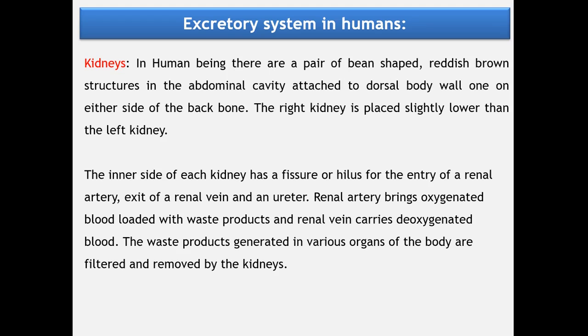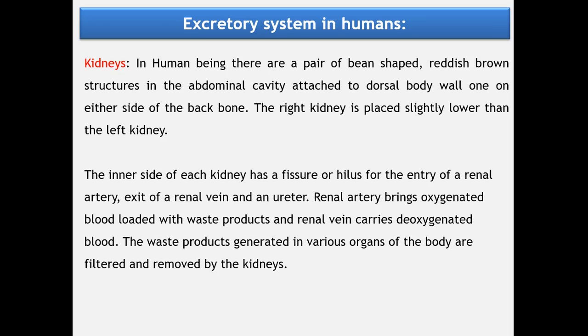The inner side of each kidney has a hilus, or an opening, and this opening is meant for the entry of the renal artery, which carries the oxygenated blood to the kidneys, and for the exit of the renal vein and ureter.